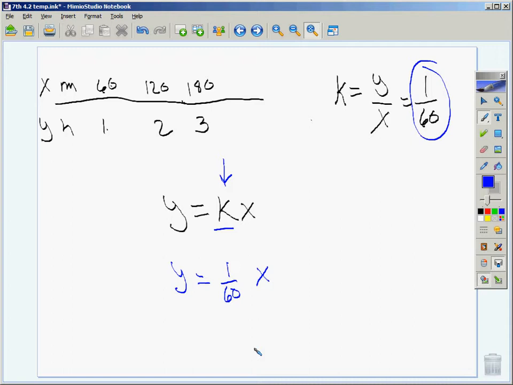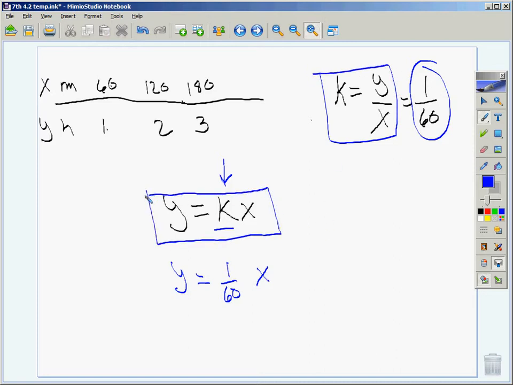These are that simple. If you know the two formulas, K equals Y over X, and the equation Y equals KX, and you know the only thing you're going to change is K, it's going to have a Y and an X in it. If you know that, these are that simple to write.